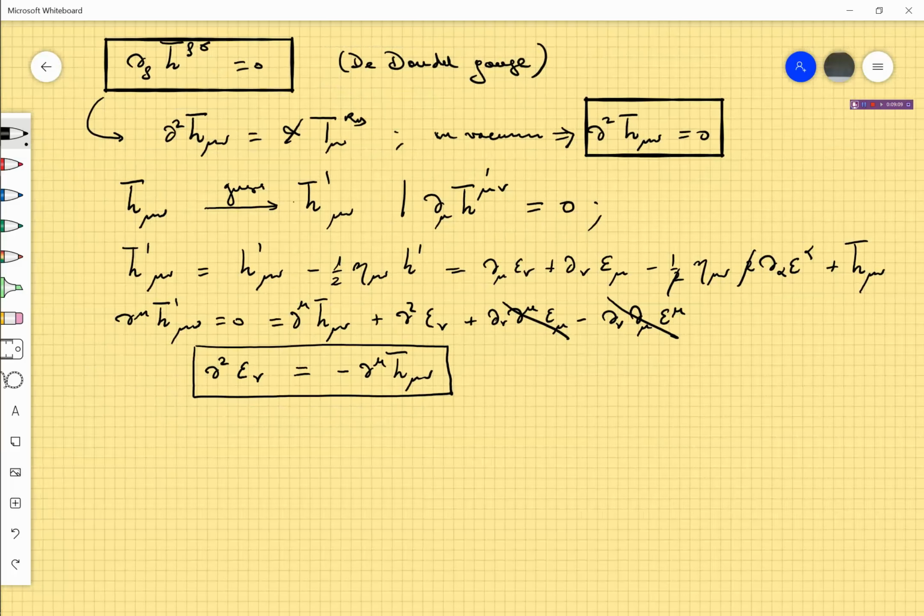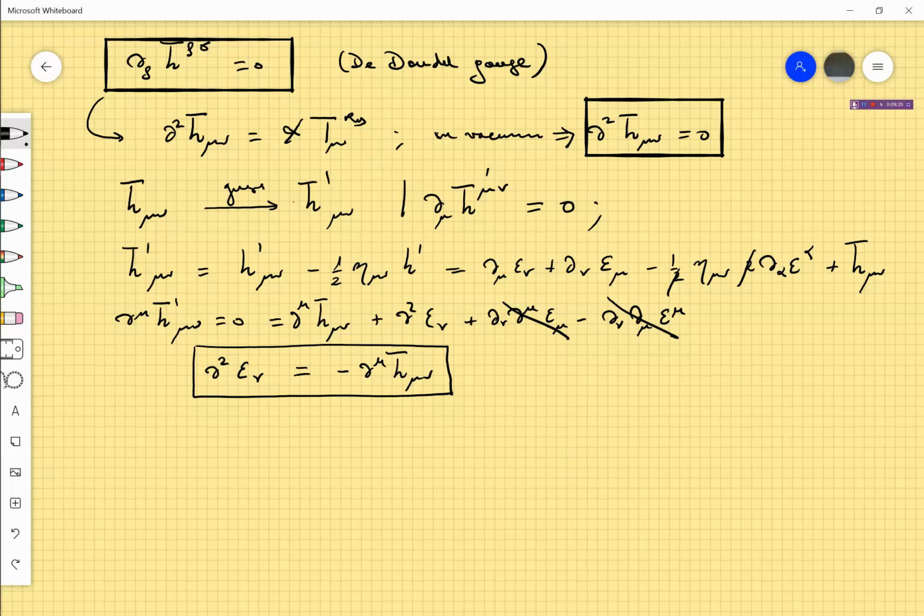This is D'Alembert. This equation can always be solved, because there are solutions for the Green function, and you just have to plug whatever divergence of h bar you have, and you always find a d squared epsilon nu that satisfies this condition, and that brings you to the de Donder gauge. So we just proved this.